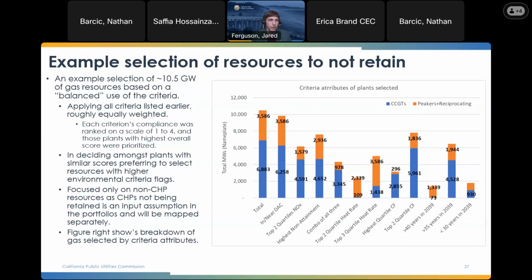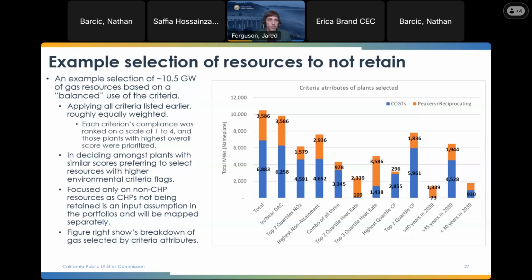As I mentioned earlier, we could weight the criteria differently. We could weight the scores for DAC and the NOx emissions, age, or we could weight heat rate more. But this is assuming roughly equal weight across all the criteria. So generally, just what has the highest score overall.